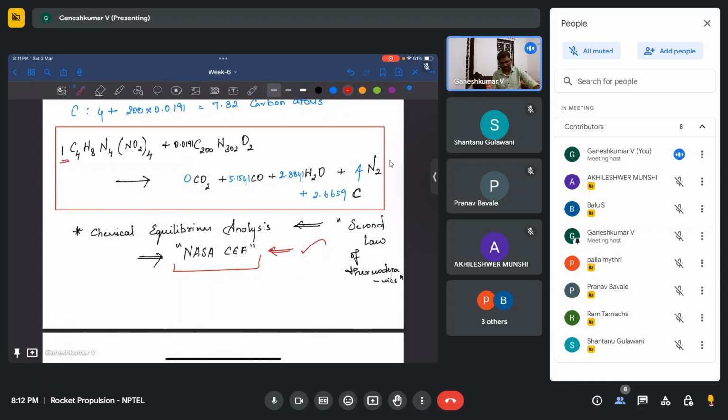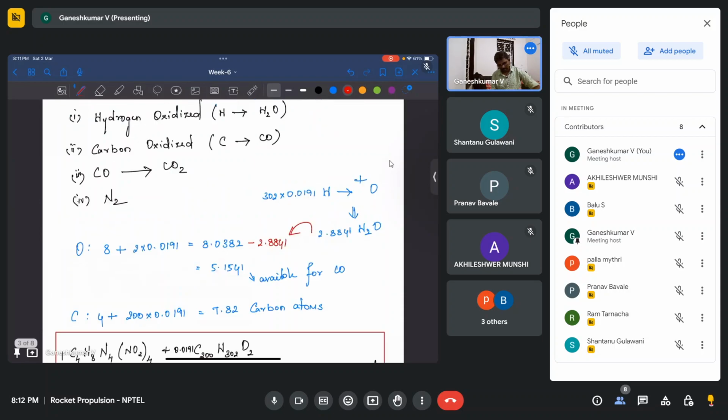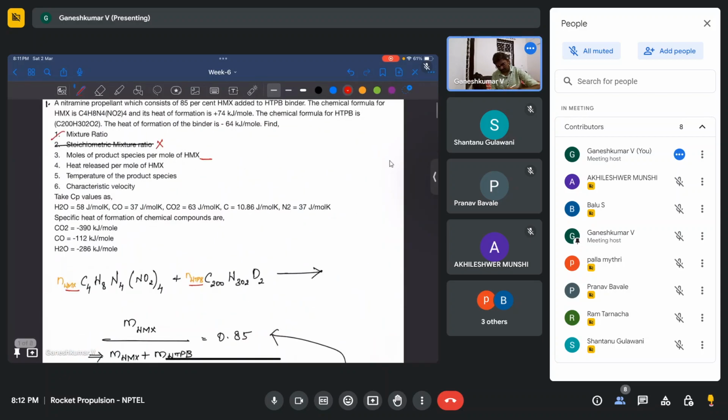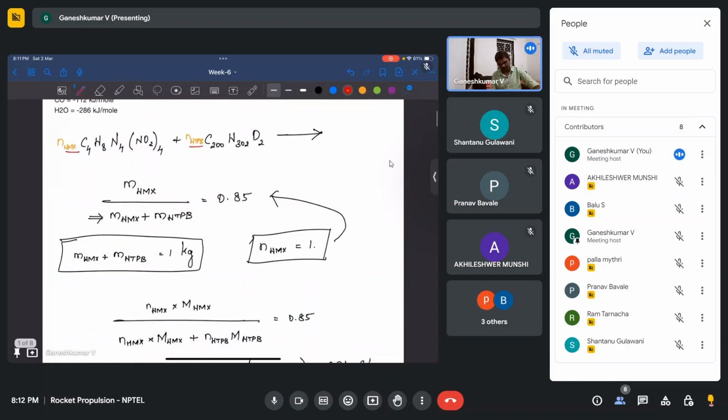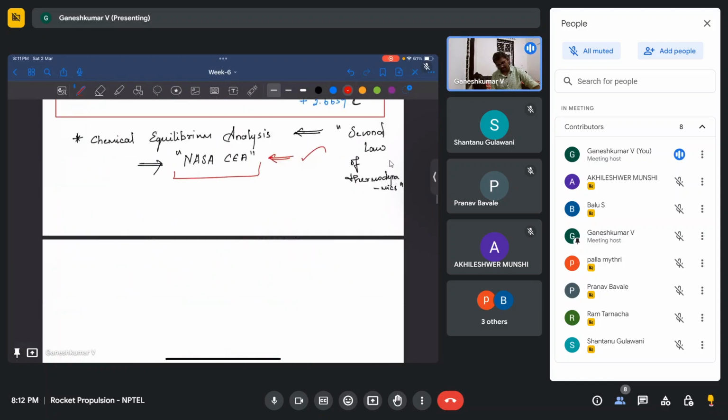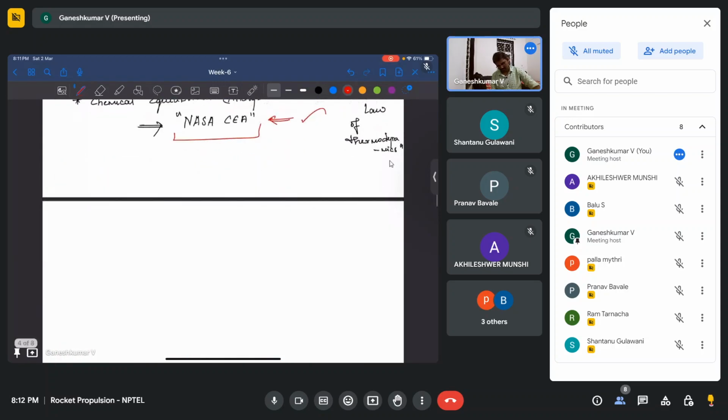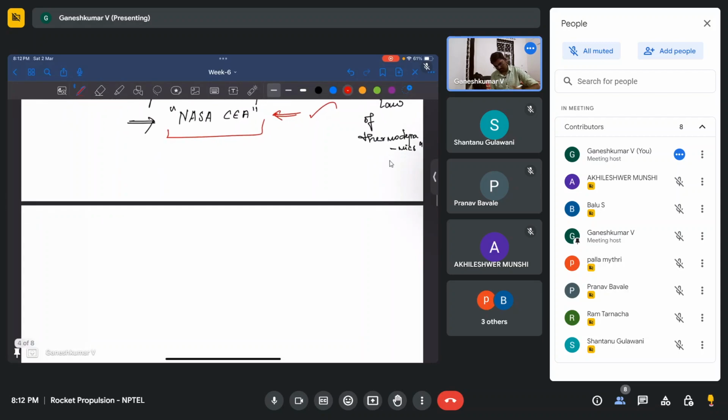That calculation you can do by yourself. So this is done, and now we need to find the heat released per mole of HMX. Any questions till now? No? Okay. So what we are finding is the heat released per mole of HMX.